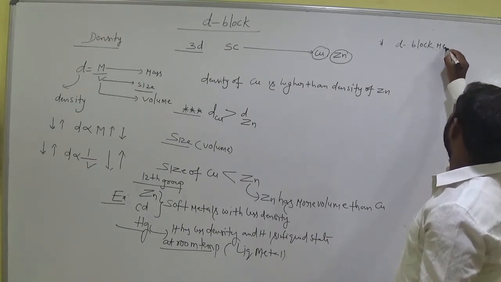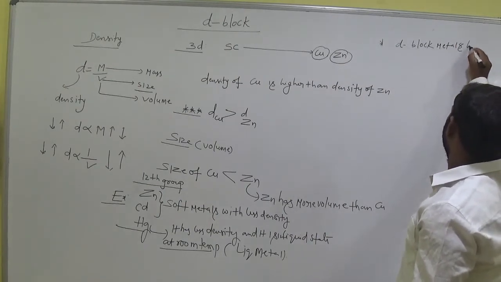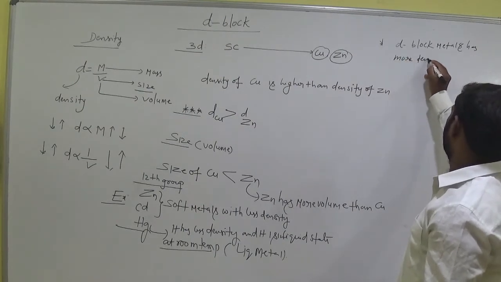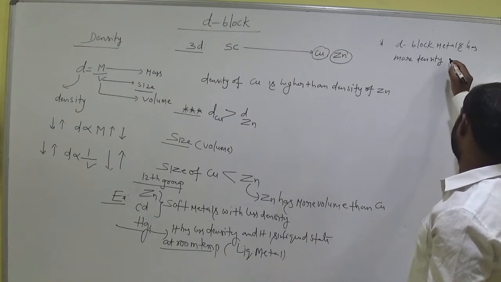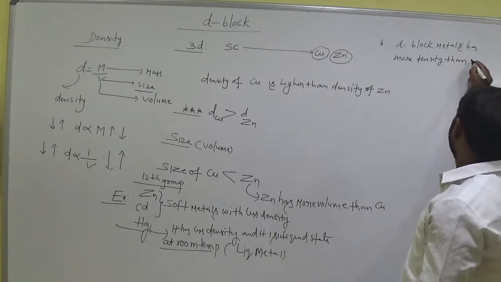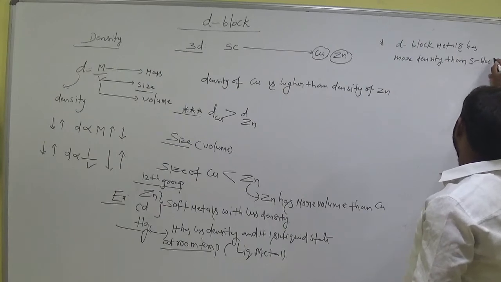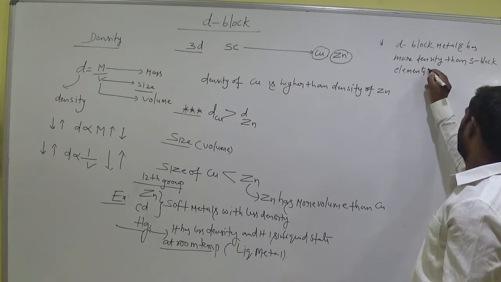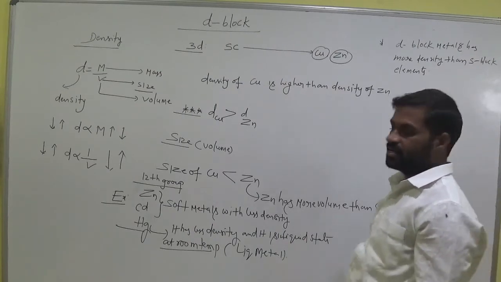And d block metals have more density than s block elements. Keep it in our mind.